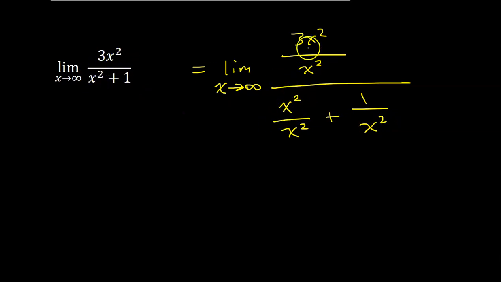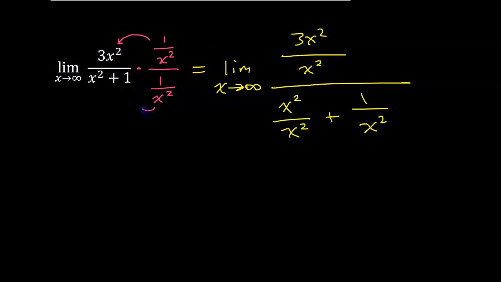Before I go any further, let me just convince you why this was legal. What I really am doing is multiplying the numerator and the denominator by 1 over x squared. You can see that if I multiply 1 over x squared times 3x squared, that's the same thing as dividing by x squared.